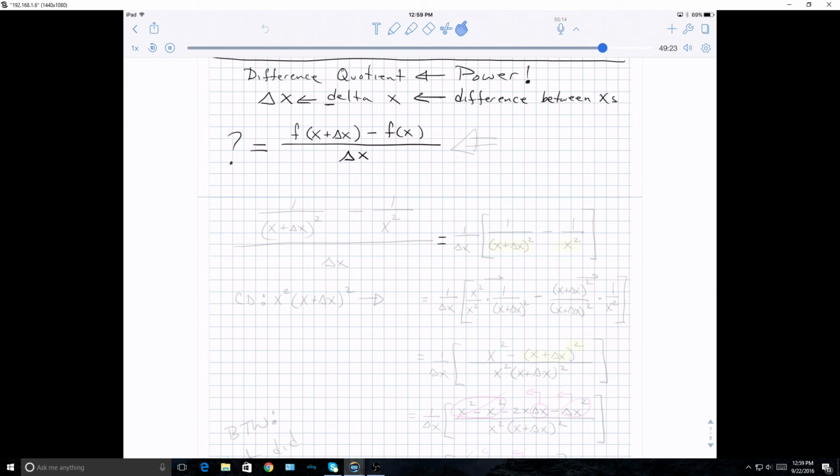So we're going to use this massively powerful idea, and we're going to play around with it just a bit. So what happens if we took something that looked like 1 divided by x plus delta x all squared, and let's say that this is minus 1 over x squared, and it's all over delta x.